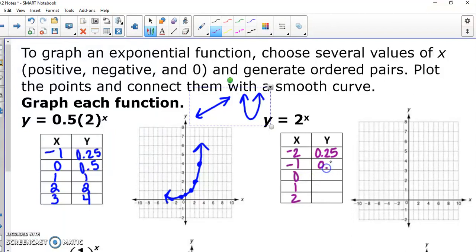Here I get 1/2. Then I get 1. Here I get 2, and here I get 4. So I'm going to go ahead and graph that then. So -2, 1/4, -1, 1/2, 0, 1, 1, 2, and 2, 4.